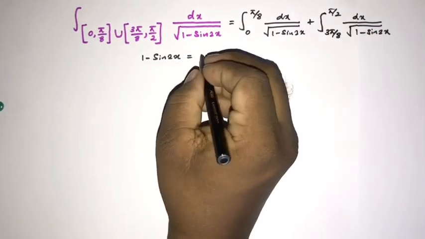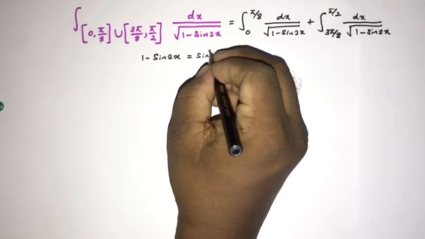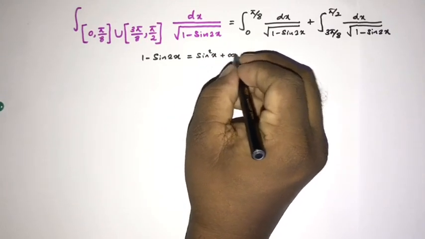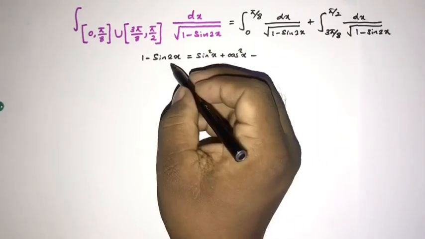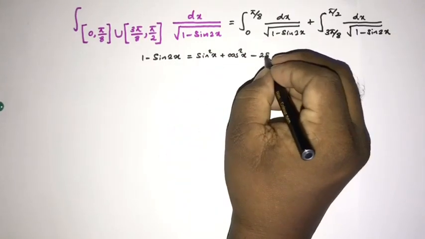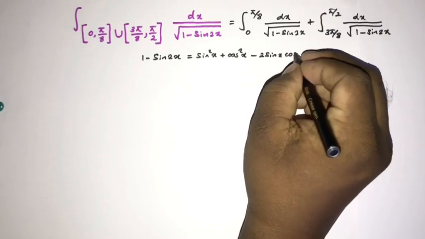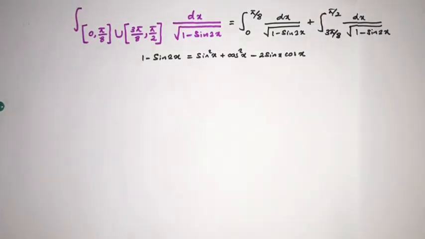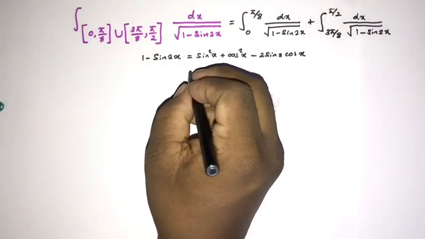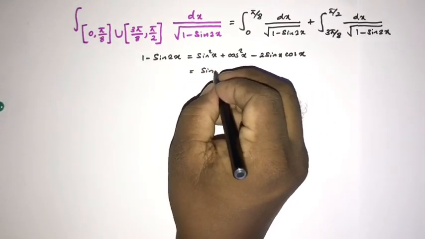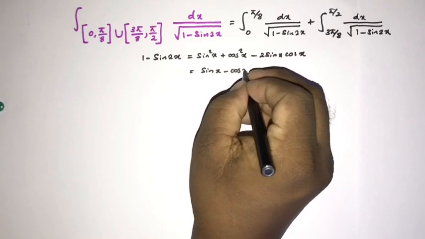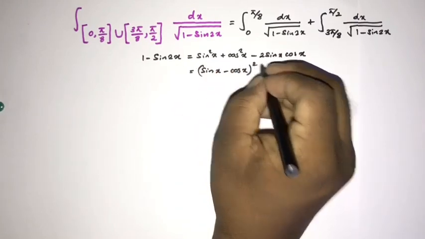Instead of 1 we can plug in sine squared x plus cosine squared x, minus sine of 2x, and by the double angle formula, 2 times sine of x cosine of x. Then this is equal to (sine of x minus cosine of x) squared.